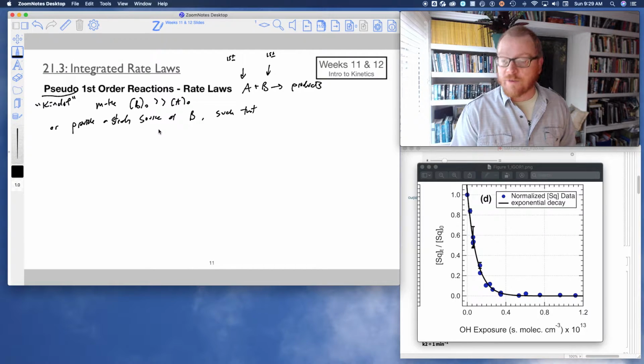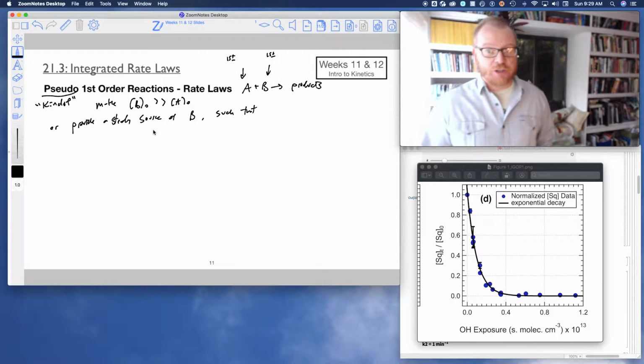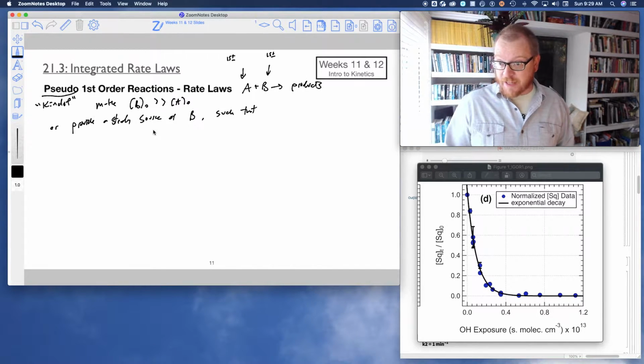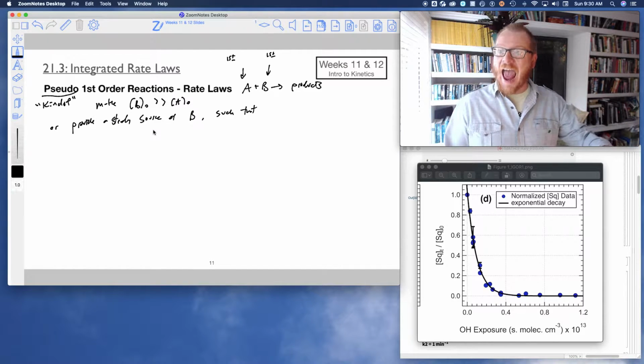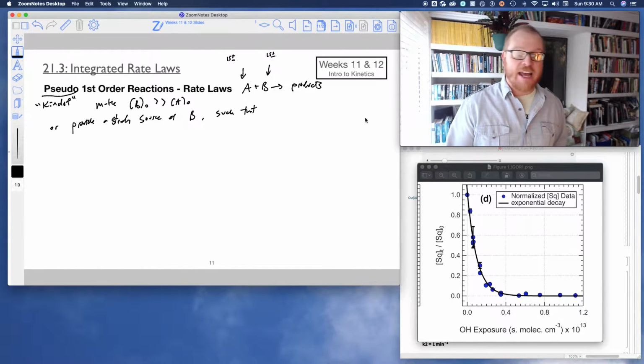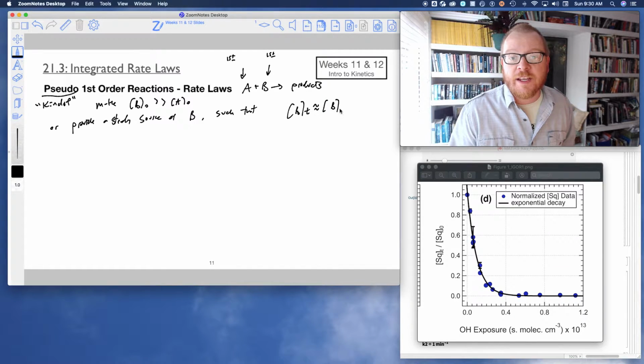So in either one of these, we either make the initial concentration of B much larger than the initial concentration of A. If that's not feasible, then in our reaction we can continually add B, and we can continually add B at a steady rate such that the concentration of B at any time is always roughly equal to the initial concentration.